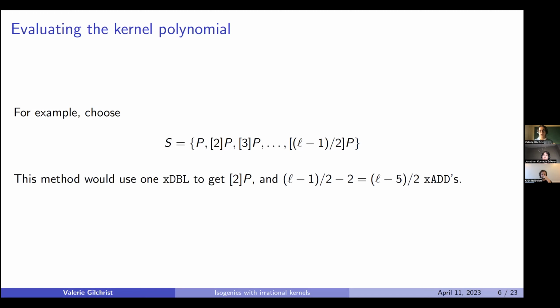And then for each one after that, we're going to use 1 add, basically adding P one time at a time. Okay, so this is what we're comparing against, the standard.